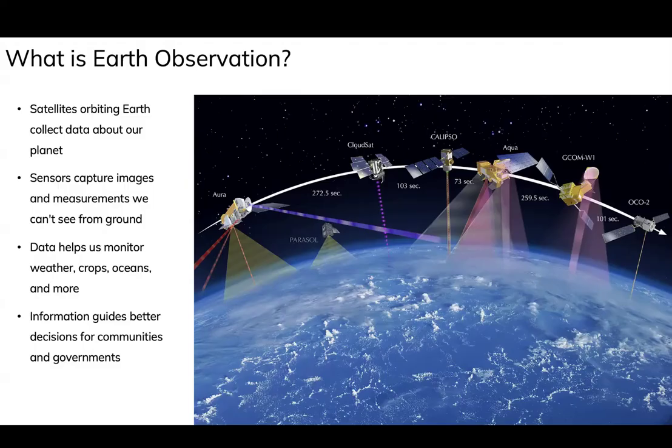So the data helps us monitor weather and crops and oceans, and as I mentioned, a whole lot more. And information guides us to make better decisions for communities and governments. In order to make any kind of decision when you're in a position of leadership, whether it's government, private sector, perhaps you're a farmer or you're in a community and you're responsible for people, you need 2 critical things.